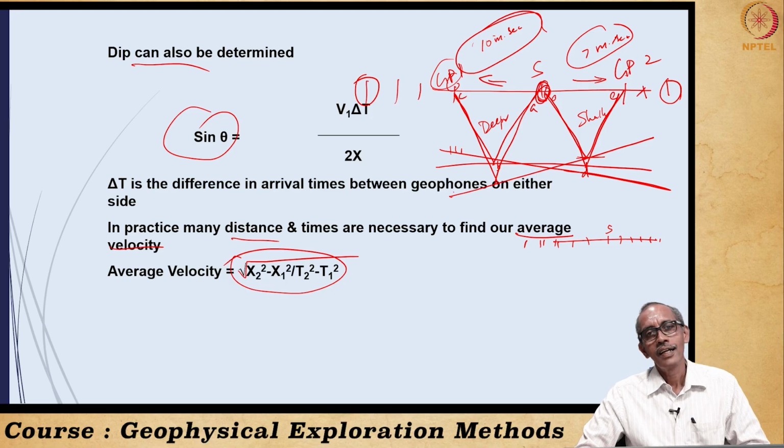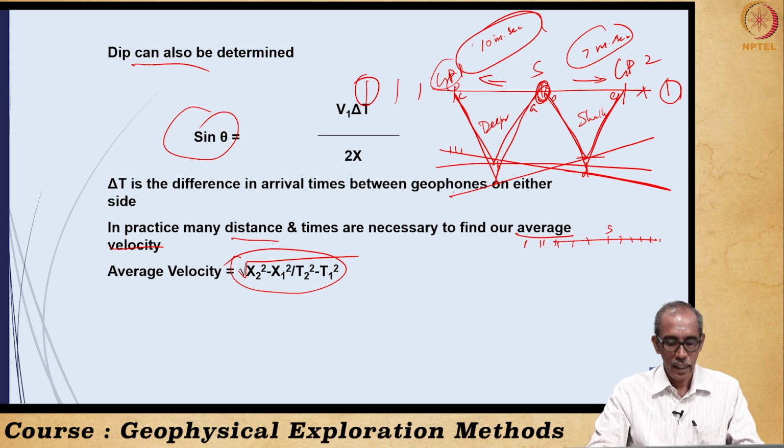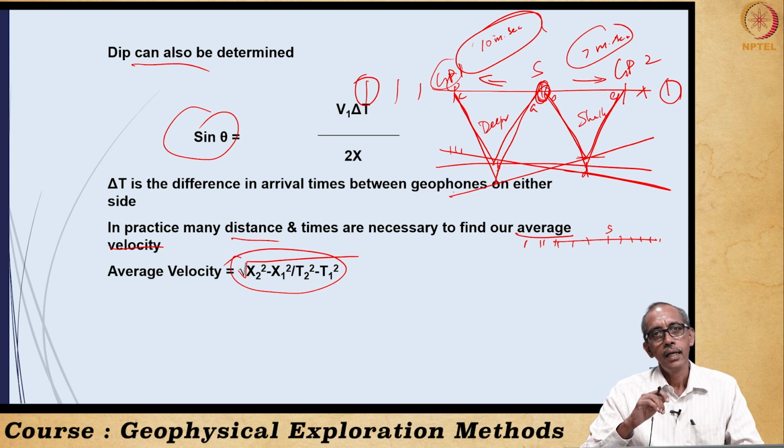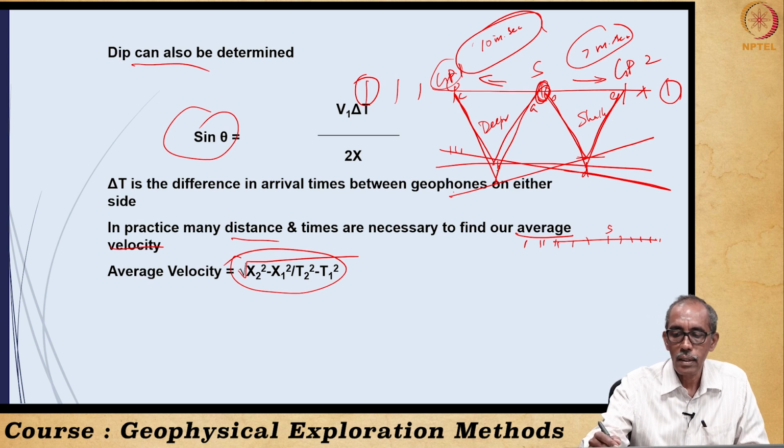Hello everyone, we are looking into the seismic reflection method of investigation. Toward the end of my previous lecture, we had a look into this slide in which we can determine the angle of dip of the formation if you do a seismic reflection survey as shown in this picture.